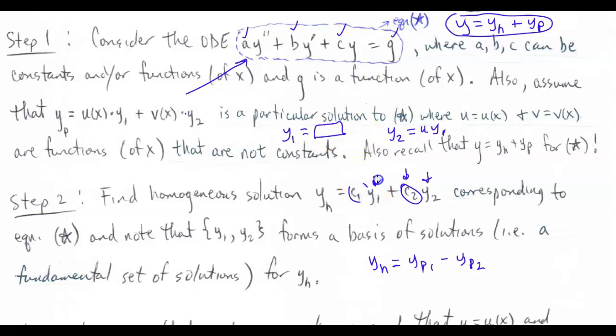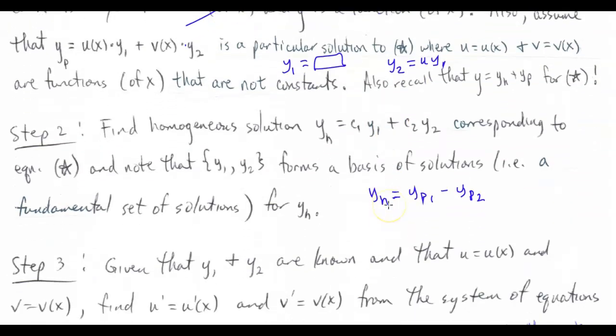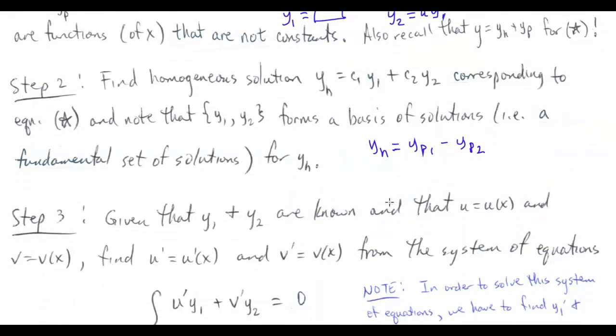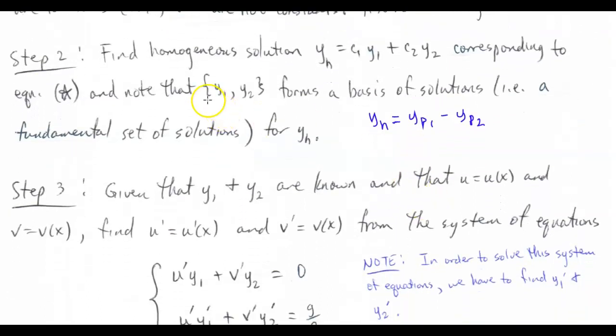So that's what we want to know there. Now, in step 2, here's where we actually start doing the work. And so in step 2, we simply just find out what is going to be our homogeneous solution to this equation here. So we let G be 0 to find the homogeneous solution, and then we state what those answers are, okay? Now, the thing that we need out of that is these two basis functions, meaning what are the two functions that create a fundamental set of solutions for all of the homogeneous solutions based upon initial conditions, okay?